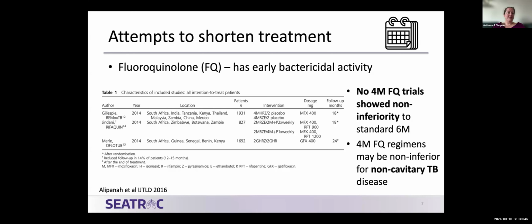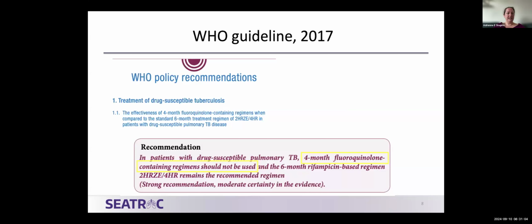Basically, none of them were improved, and all of them were inferior to a standard 6-month regimen. The one subgroup that was considered was that maybe people with non-cavitary TB disease still did as well with a 4-month regimen. But because of these 3 landmark trials, WHO in 2017 issued guidance saying that a 4-month fluoroquinolone-containing regimen should not be used to treat drug-sensitive pulmonary TB. And that's where things stood.